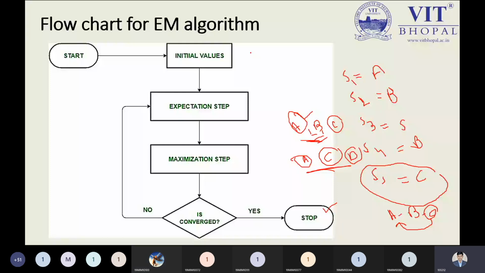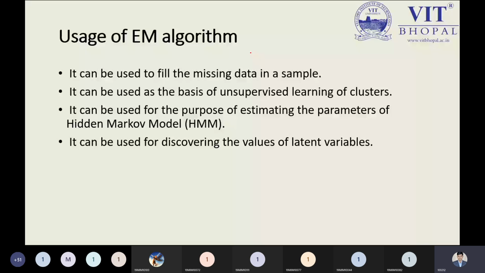Okay. So where can we use the EM algorithm, that is my point. We can use the EM algorithm to fill the missing data in a sample. Sample means a collection of data, a collection of data points. So we can use this concept to fill the missing values. Of course, we can. And we can use this as unsupervised learning for clusters. Because what is the problem in clusters?